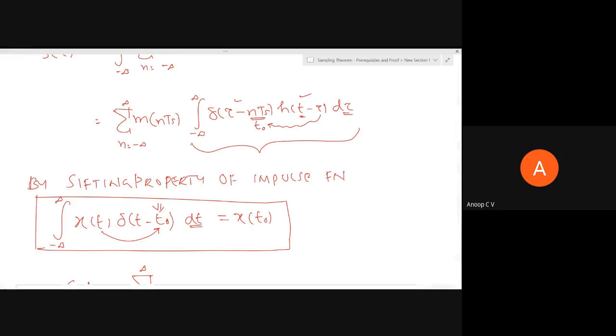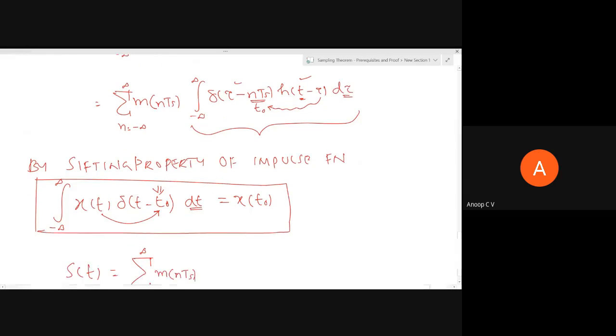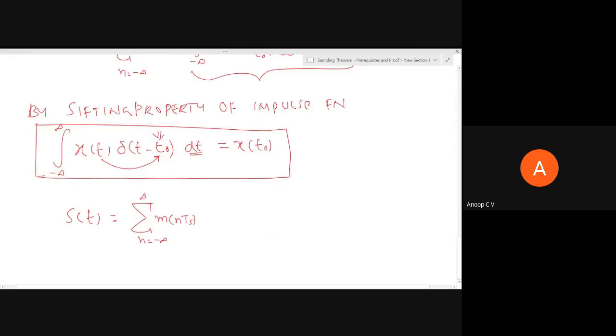I should replace tau with nTs. I don't have to bother if anything else is there as an argument of this function h. So it becomes h of t minus nTs, and I'll call it an equation number.